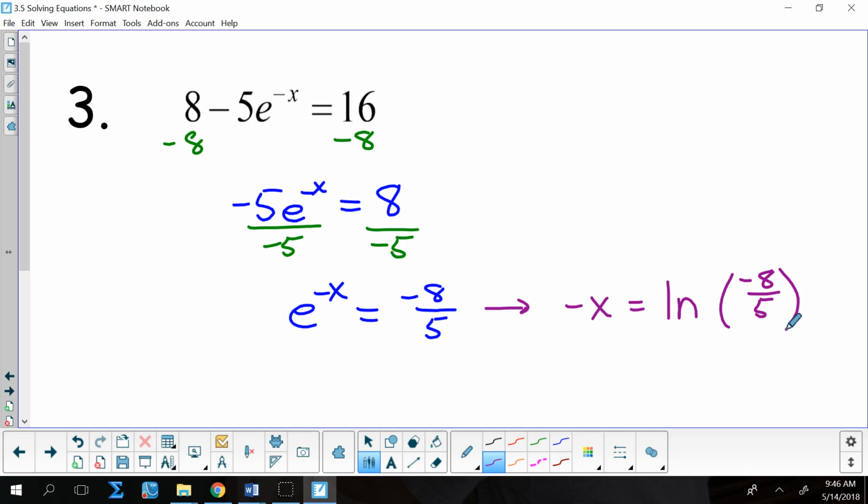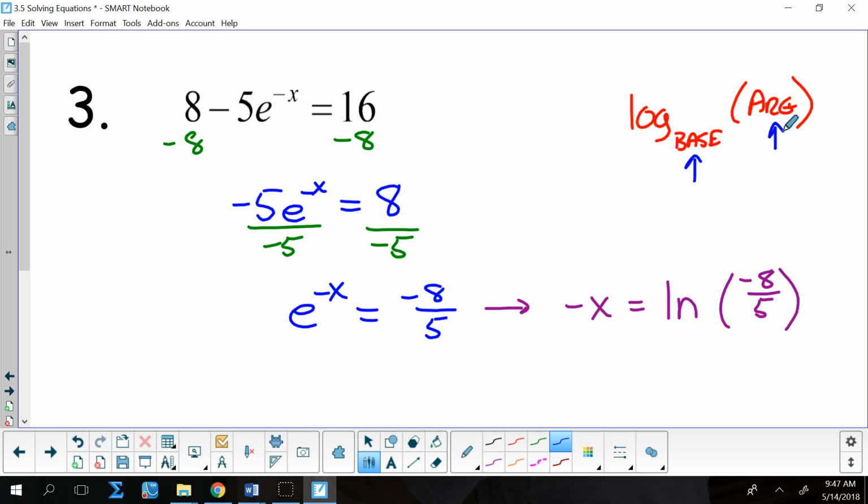Now, one of the things that you should have gotten out of Friday and from logs the last time you did them was that in a logarithmic function, if I have log with a base of the argument, both the base and the argument have to be positive.